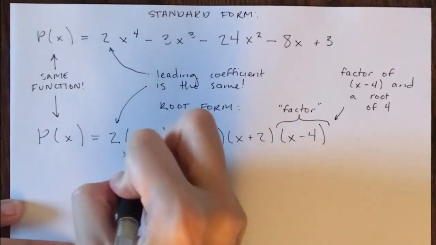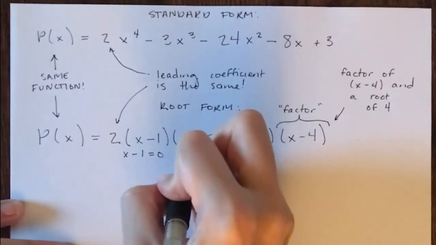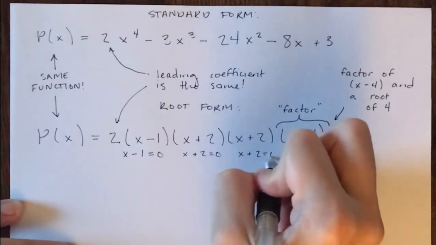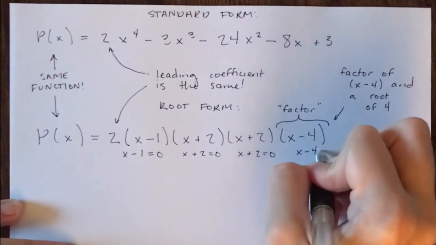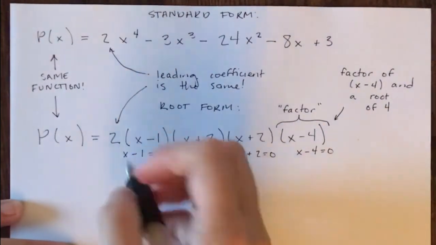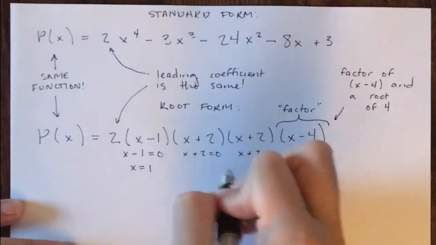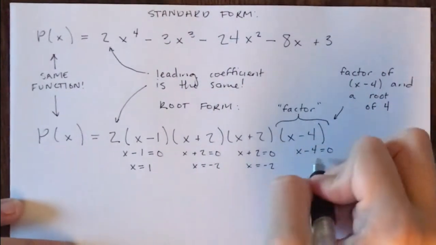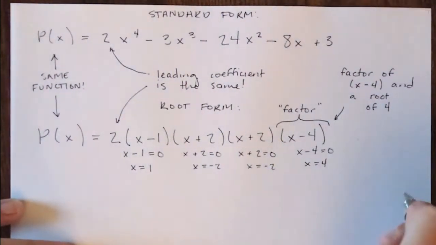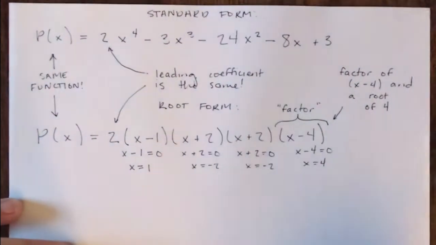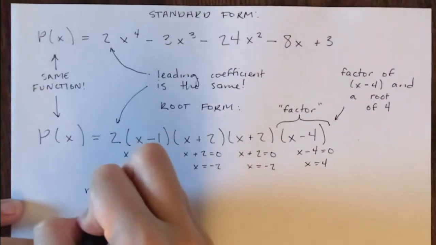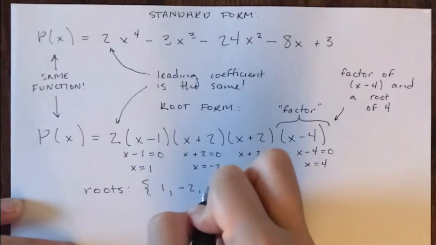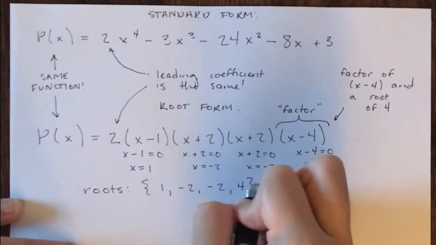Where is x minus 1 equal to 0? Where is x plus 2 equal to 0? And where is x minus 4 equal to 0? Well, we solve each of these. We get x equals 1, x equals negative 2, x equals negative 2, and x equals 4. These are my roots. So we have the roots 1, negative 2, and 4.